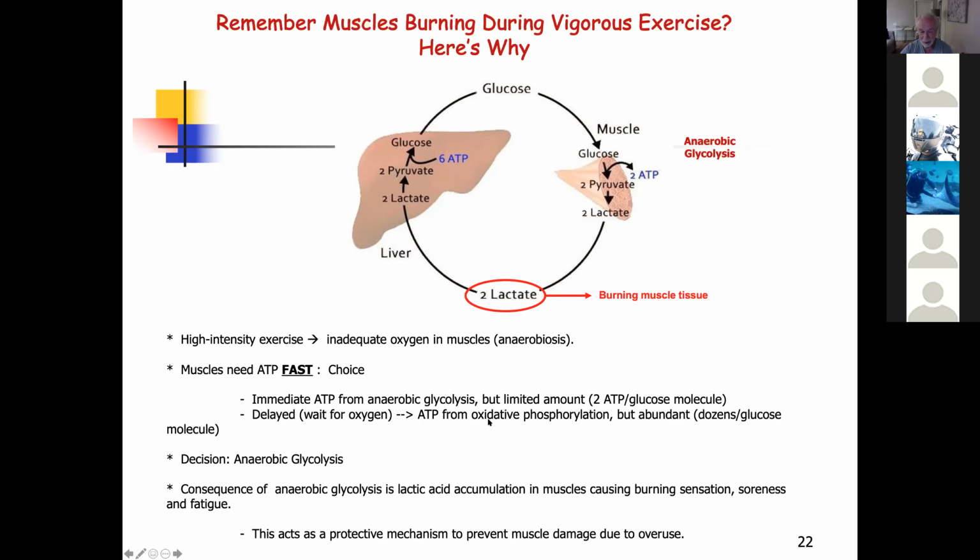But depending on the demand, if the demand is high, they can't wait, and so they generate ATP and lactic acid, and that's what causes your muscles to burn. It's the accumulation of lactic acid as a result of running out of oxygen in your muscles. So is that clear why? We've all experienced this. Anytime you push yourself hard enough, your muscles will burn. And now you know why.